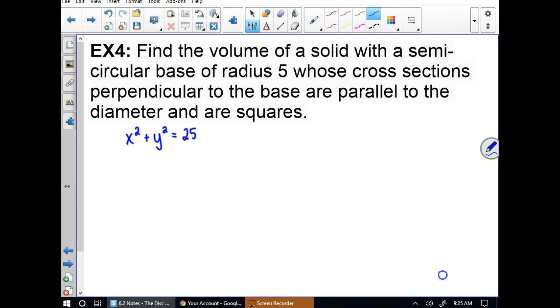Okay, so that is your equation of your circle. So if you graph it, you would just have this 5, negative 5, and negative 5.